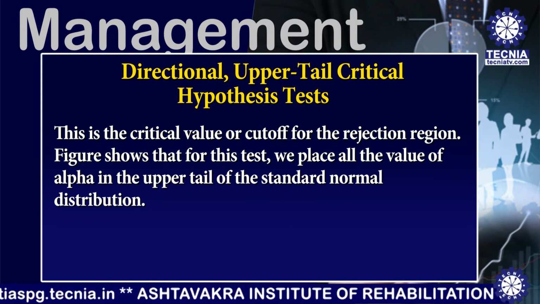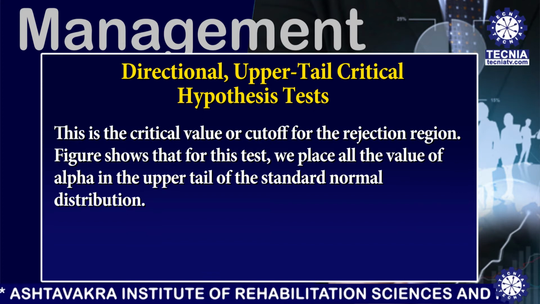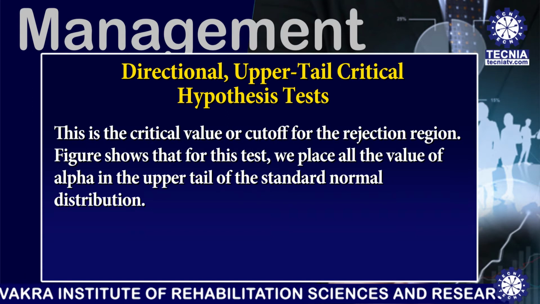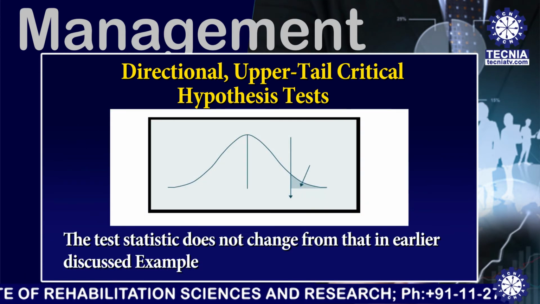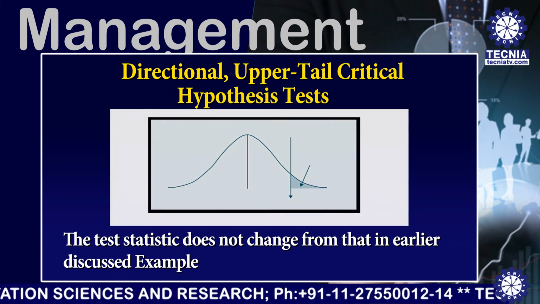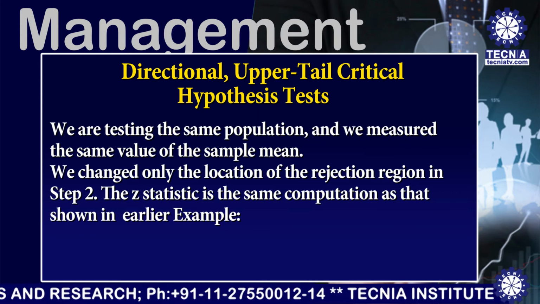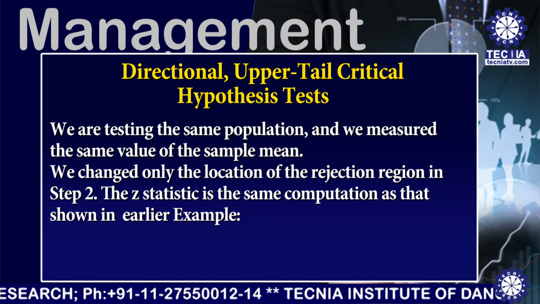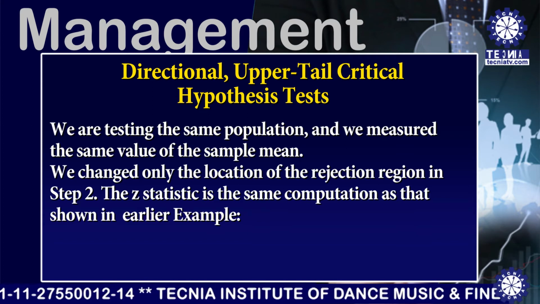The figure shows that for this test, we place all the value of alpha in the upper tail of the standard normal distribution. In this figure, the test statistic does not change from the earlier discussed example. We are testing the same population and we measure the same value of the sample mean. We change only the location of the rejection region in step 2.